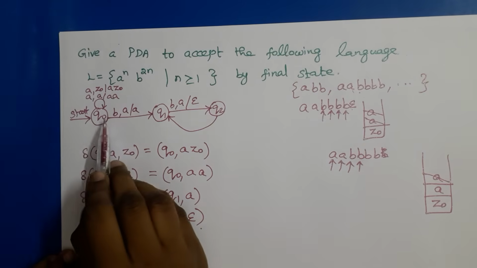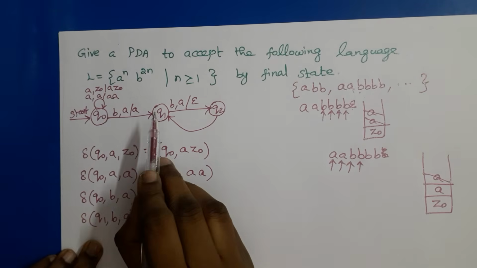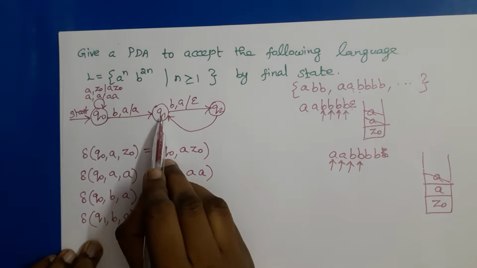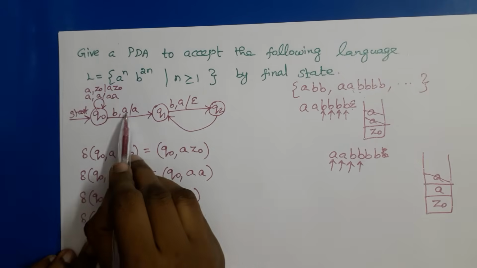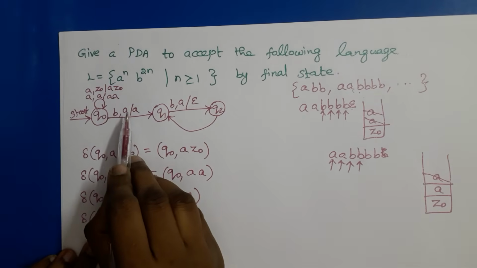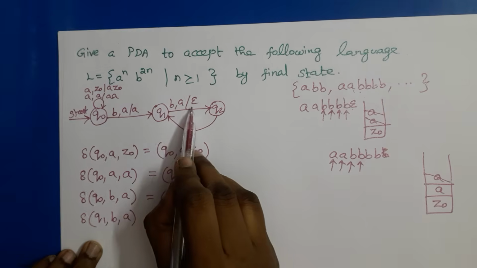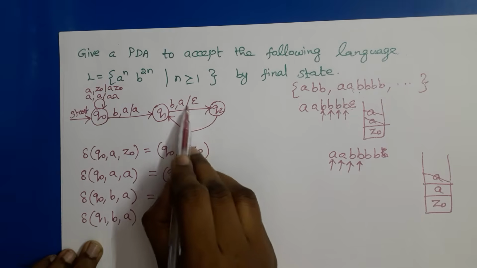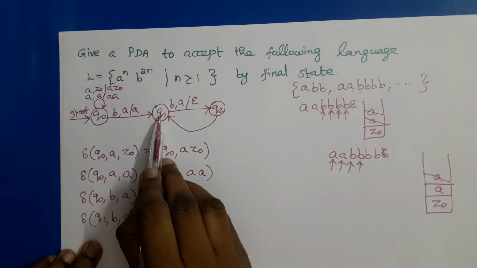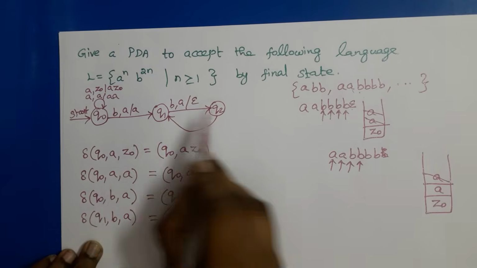So from Q0, if we see the first b, we change our state to Q1, and for the second b, that is an even-numbered b, the pop operation is performed. For an odd-numbered b, no change operation is performed, but for an even b, we have to pop 1 a from the stack, so we change our state from Q1 to Q2.